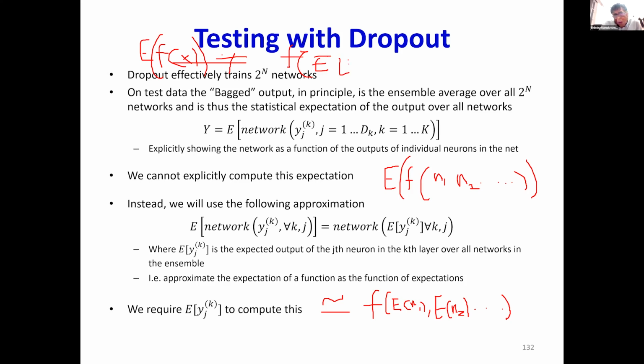So think of an example: let's say f of x is simply a quadratic, so f of x is x squared. X squared is always positive, correct? And let's say x is a Gaussian random number with 0 mean.